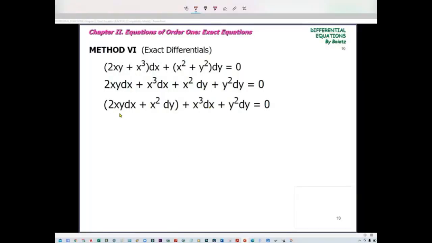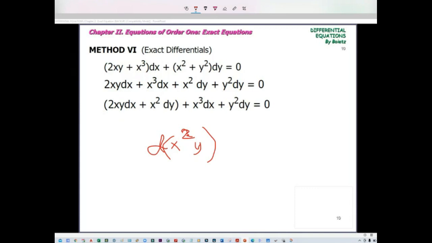Ito kasi is eksaktong derivative ng x squared y. Because the derivative of x squared y is x squared y dy, ito yun. Then y, derivative ng x squared is 2x dx, ito siya.